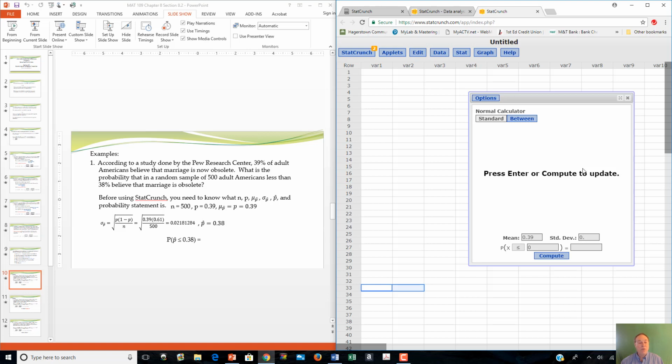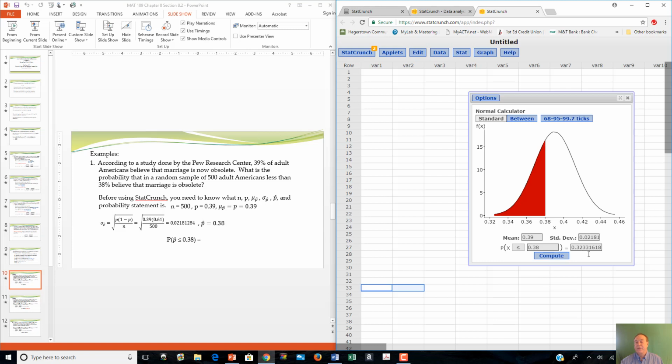So this is 0.0218, 1284. Okay, and we want less than or equal to 0.38. Okay, if I click compute, I get 0.32331618 right down here. This would be my answer. So there's the answer for this problem.